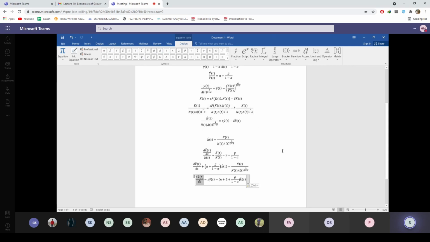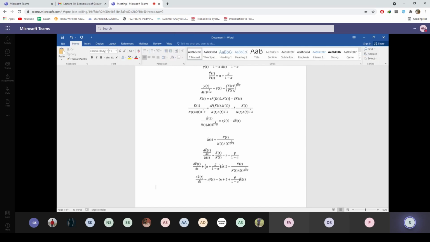So at the steady state, the left hand side is 0. So this is equal to this at the steady state.